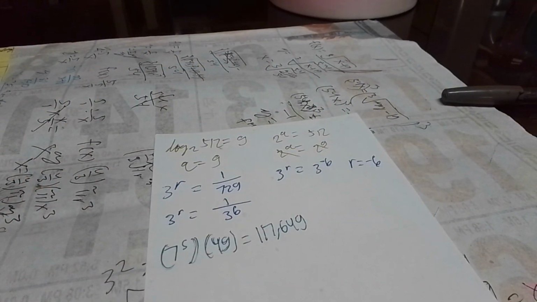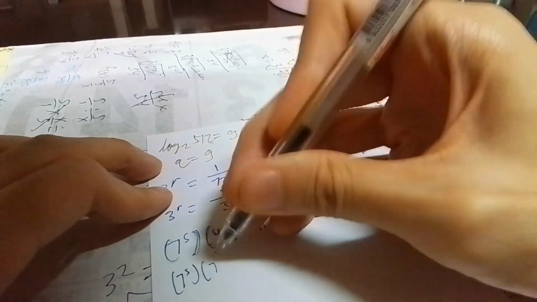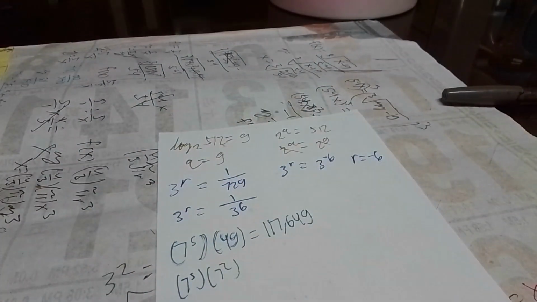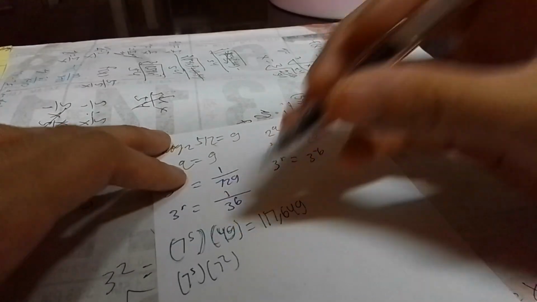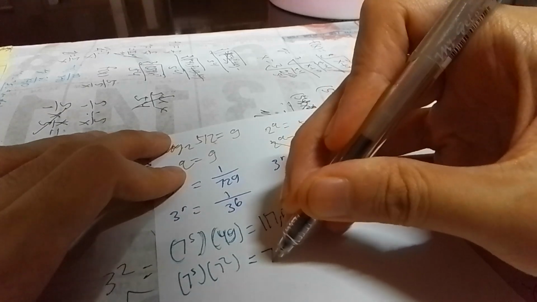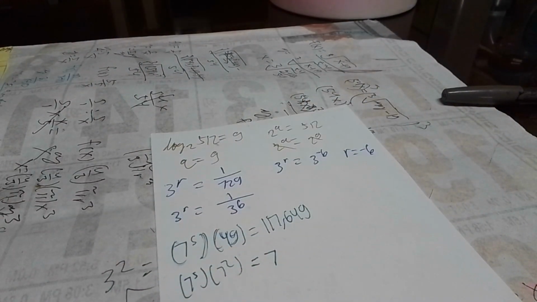Now, do you find a base that's equal? Yes, we have 7 to the s times 7 squared, because 49 is equivalent to 7 squared. But what about 117,649? Do you know any base that is congruent? 7 raised to what power gives you 117,649?